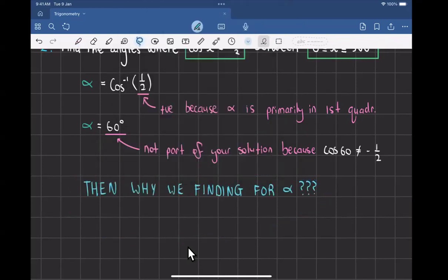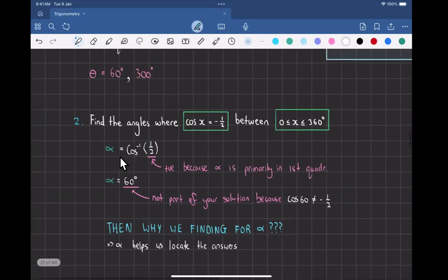If that's not my answer, then why? We find alpha because we use it to locate the actual answers. So alpha helps us locate the answers. That's why we use alpha as a reference.